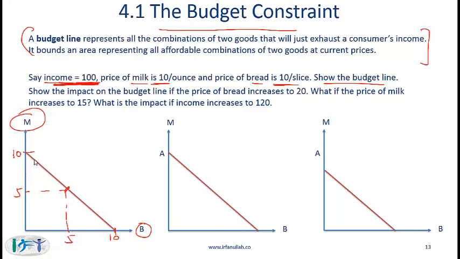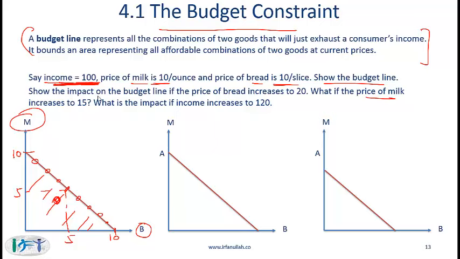So the point being that the consumer could buy quantities of milk and bread that are shown on this particular line. Any point outside would not be possible because the consumer does not have enough money to buy anything to the right or northeast of this particular budget line. Everything inside this budget line will be possible. If a consumer wants to buy 4 and 4, he should be able to do that.